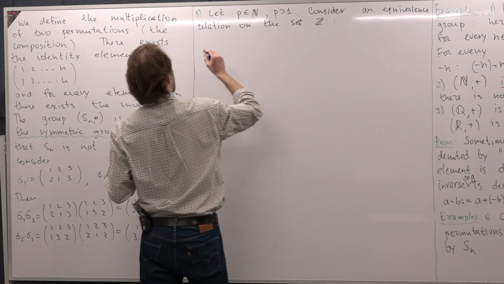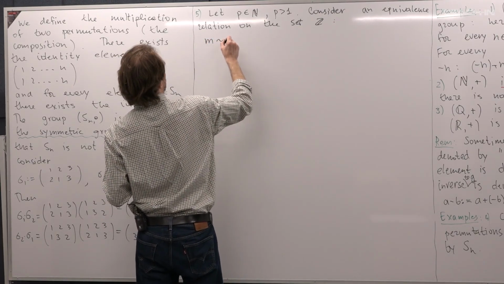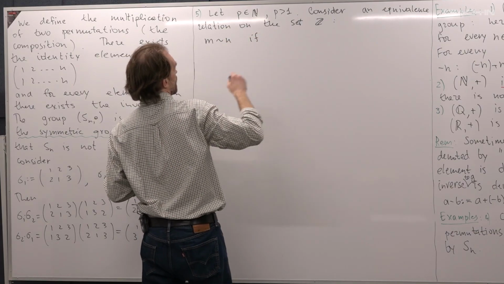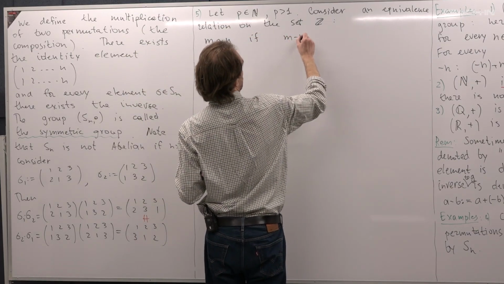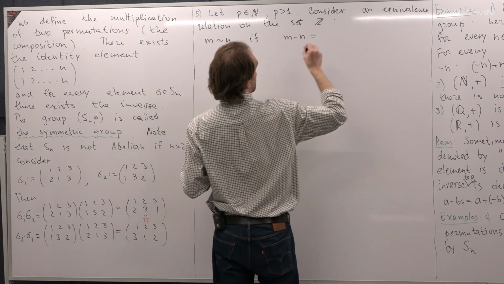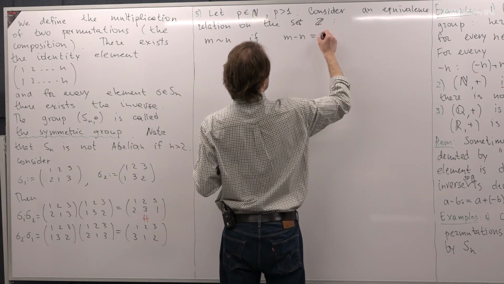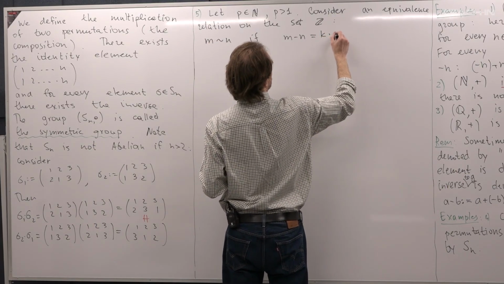So m is equivalent to n if the difference between m and n is divisible by p.